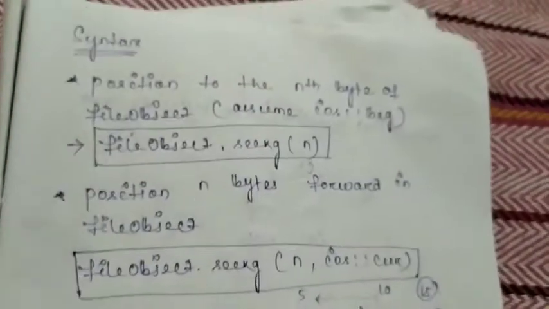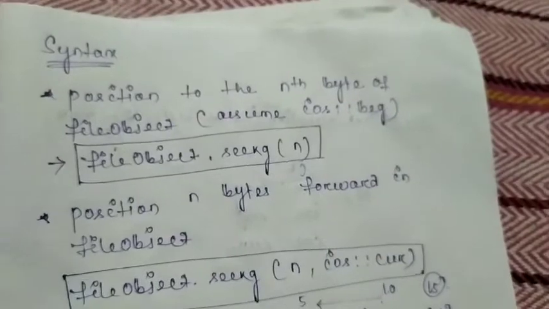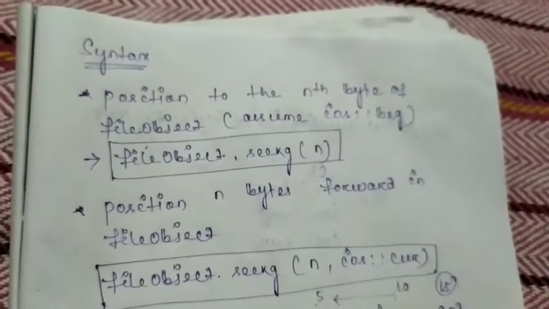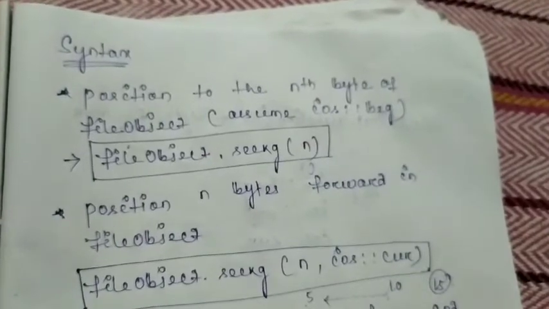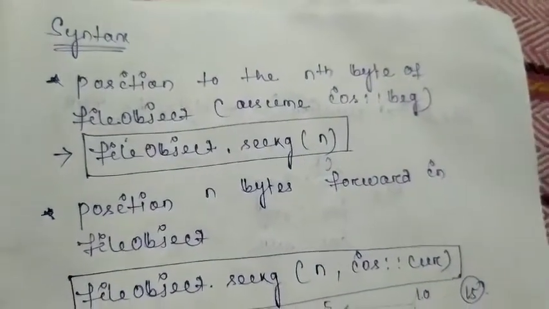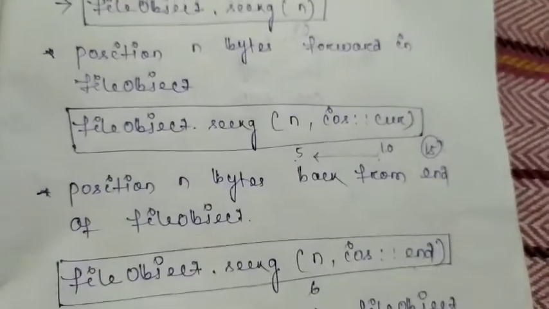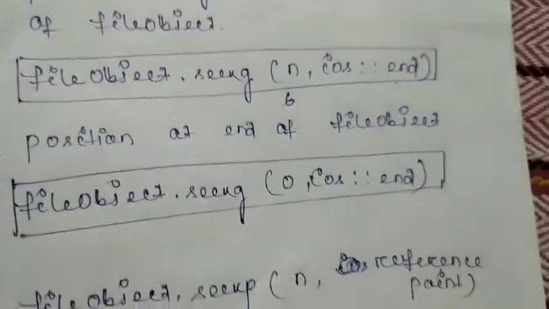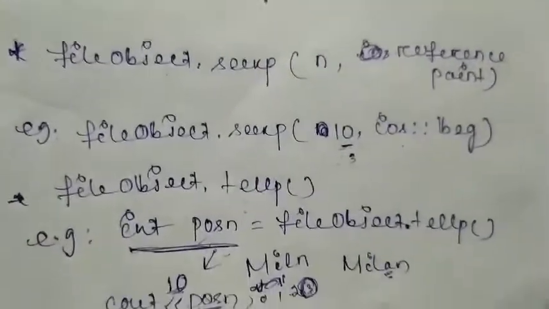So this is very confusing, and also it is very simple. Once you get it, it is very simple. It is a little bit hard to understand, but once you understand it, it will become easier than we expect.